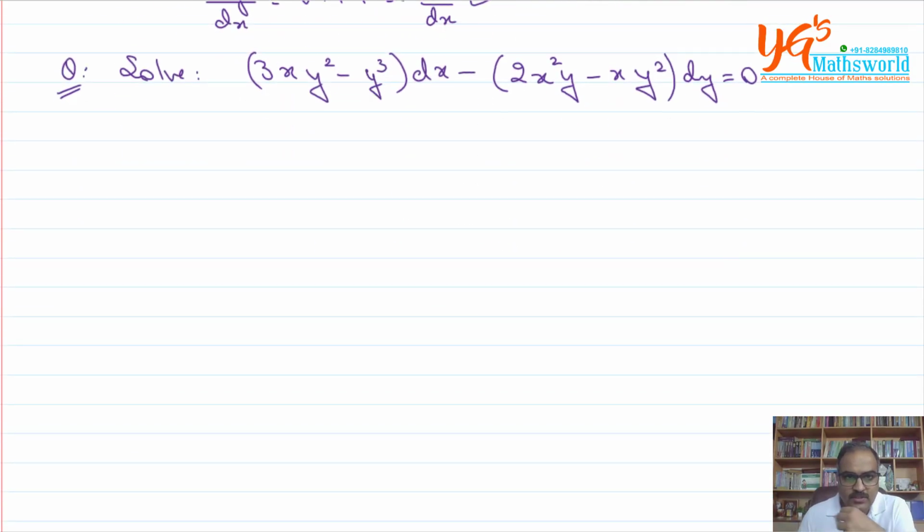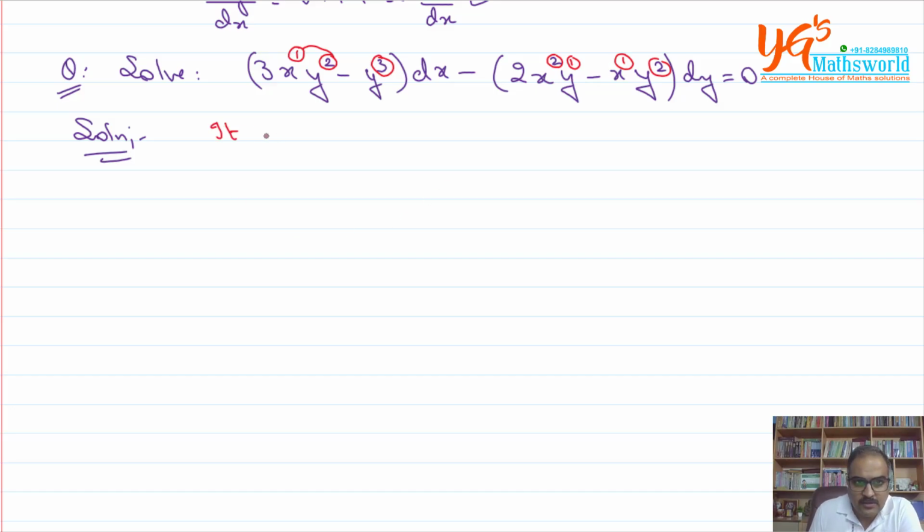So this is the question which we have to try now. For the solution, first of all I need to check whether it is homogeneous or not. This is of degree 1, this is 2 plus 1, 3, this is 3, 2 plus 1, 3, then 1 plus 2, 3. That means this equation is homogeneous.